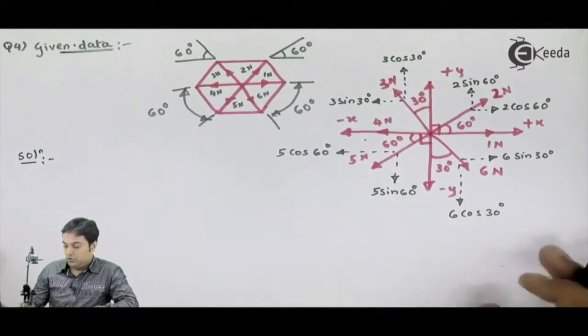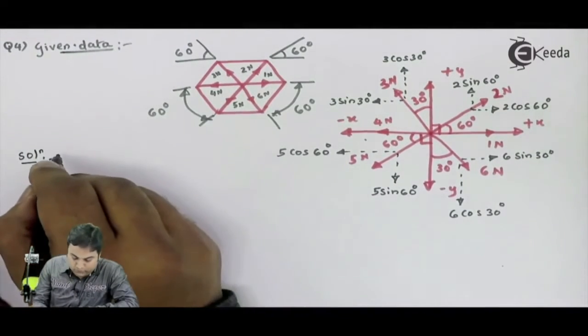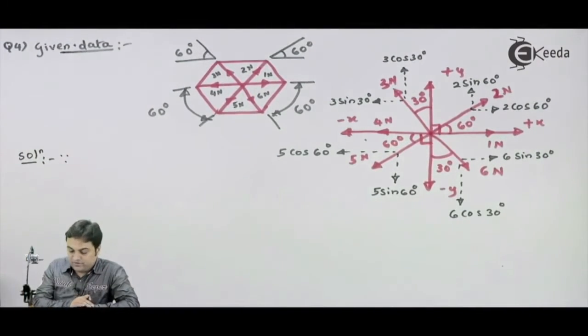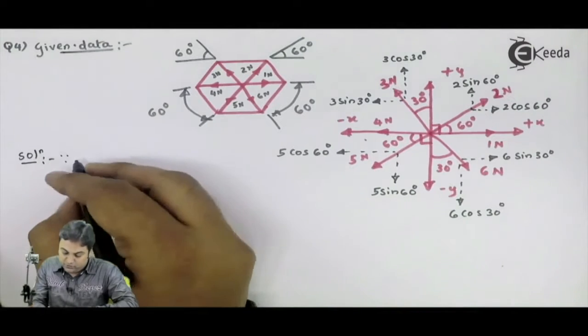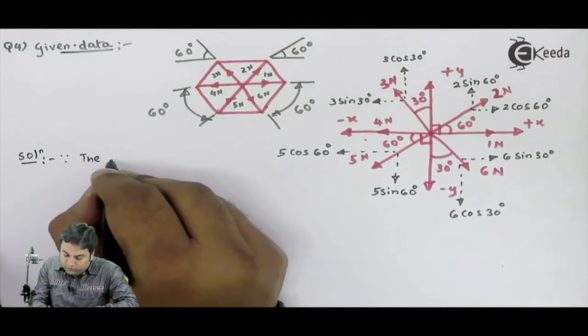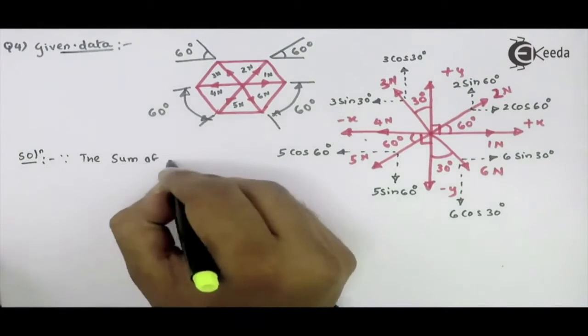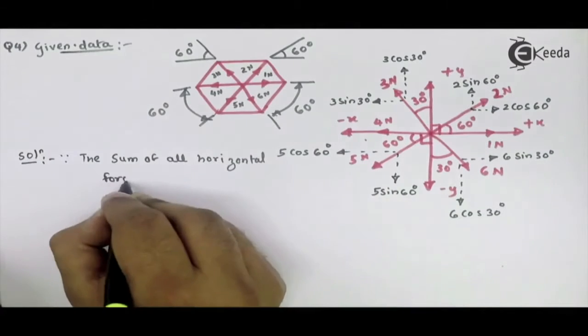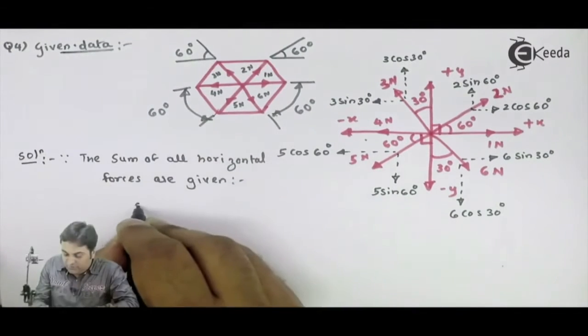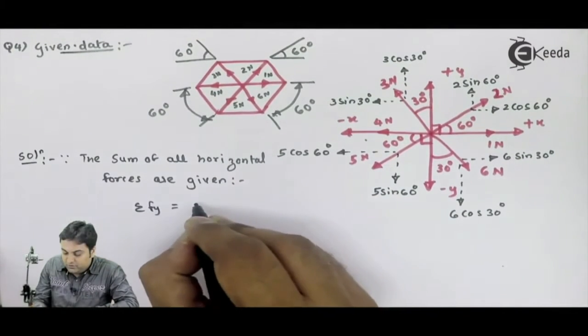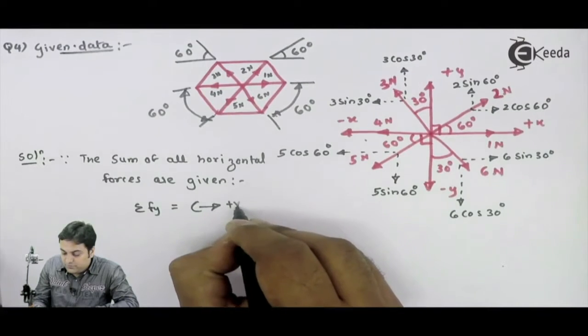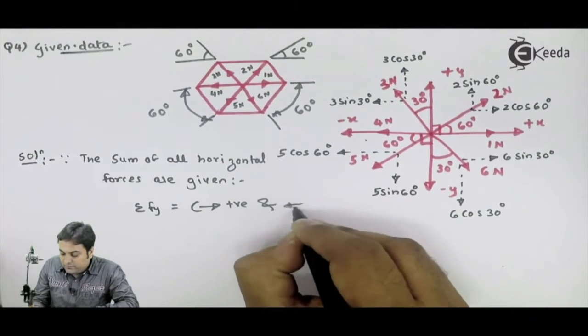Once I have marked all the forces, I can find the summation of Fx and summation of Fy. The sum of all horizontal forces: summation Fx, with rightward forces positive and leftward forces negative.